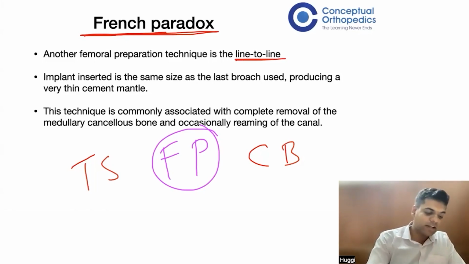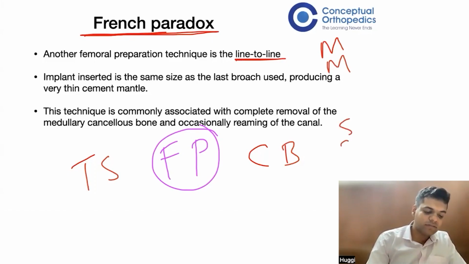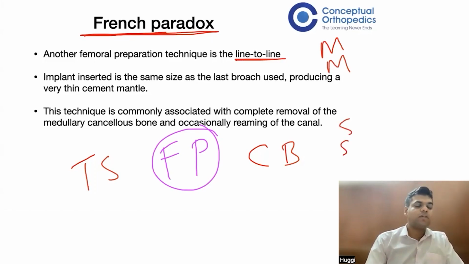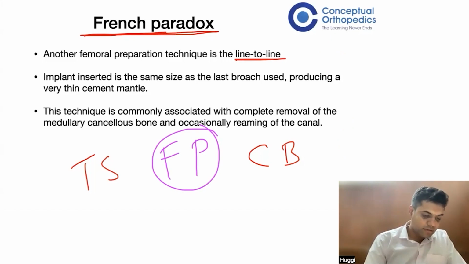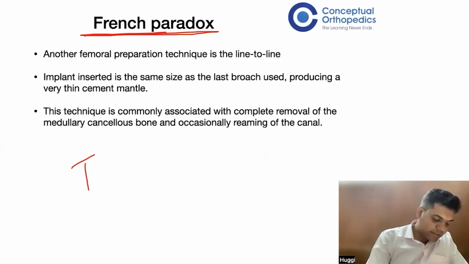What is line to line? If I'm using a medium stem, I'll broach with a medium broach. If I'm using a smaller stem, I'll use a smaller broach. So what happens if I do it that way? Consider this is your canal, and I have broached line to line and put an implant of the same size.